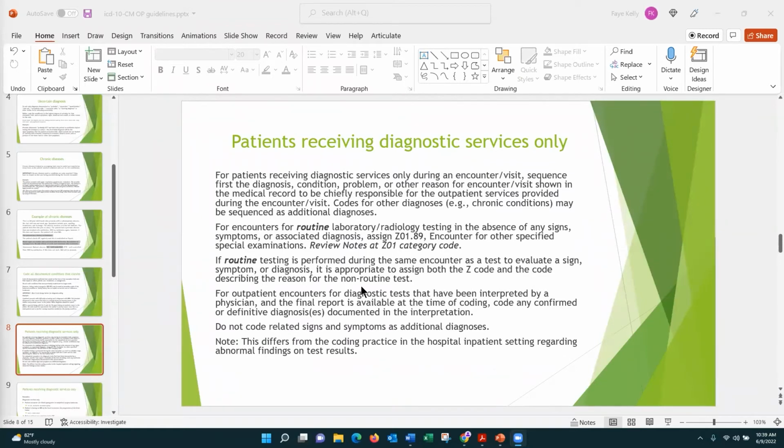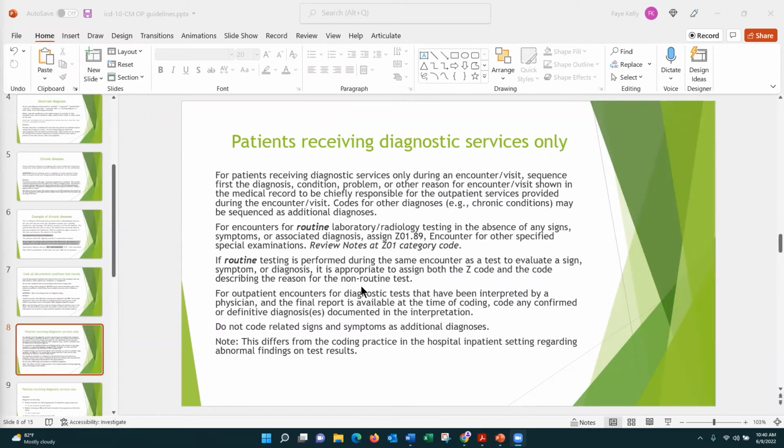If a routine test is being performed during the same encounter as a test to evaluate a sign or a symptom that the patient's having, you can assign the Z code and the code describing the reason for the non-routine test.